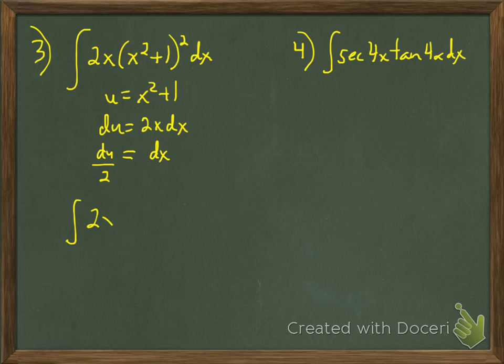Substitute back in. And make sure that you can cancel something out, so there's only u's left. Integral of u squared is u to the third over 3, or 1/3 u to the third. Put your u back in.